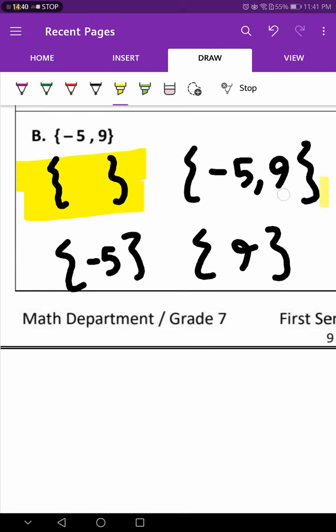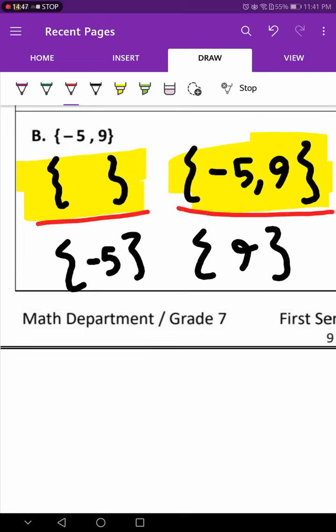I take the empty one, then the full set, then 1 by 1. Here it is only 2, so there is no need to write it again. Okay, my beautiful boys?